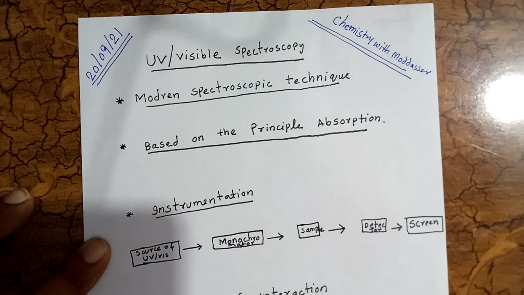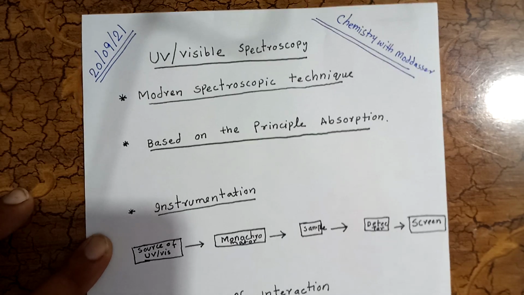Another very exciting episode on UV visible spectroscopy. In this lecture, we will cover the introduction of UV visible spectroscopy, the principle of UV visible spectroscopy, its instrumentation, the mechanism of interaction, that is how UV visible light interacts with matter, and interpretation of UV visible spectra.